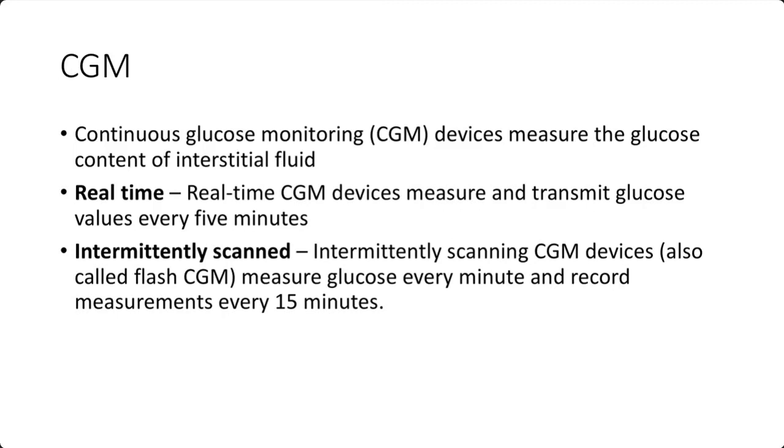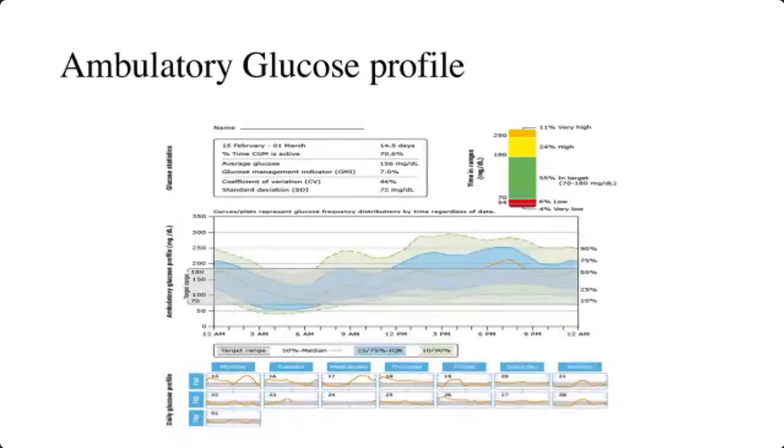an intermittent scan device like Flash or FreeStyle Libre, which measures the glucose every 15 minutes. So we could get a lot of data from the CGM record.